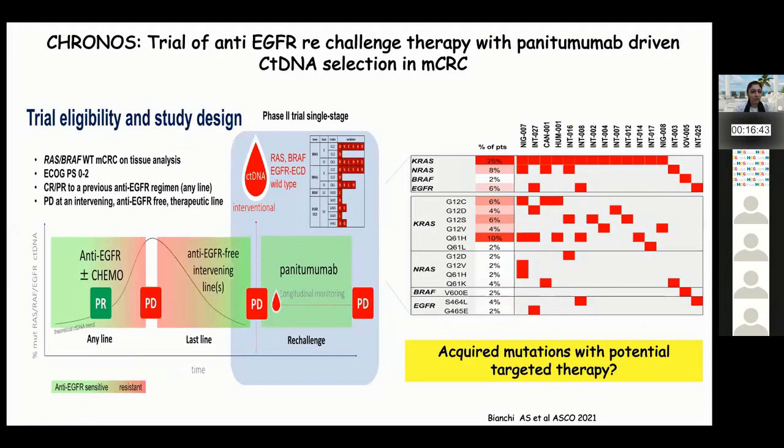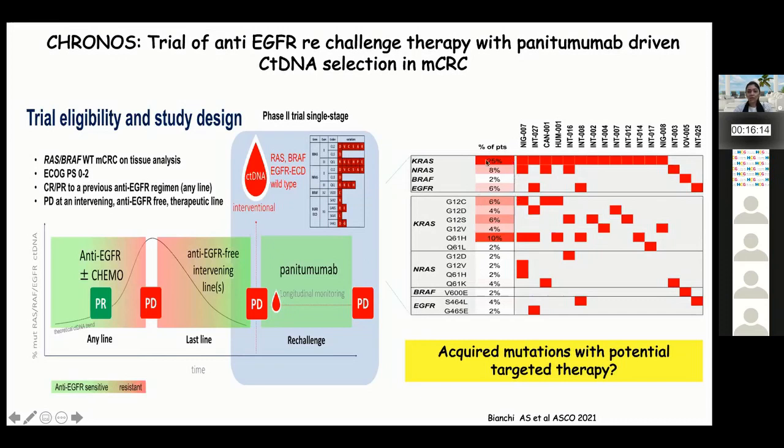It was the Kronos trial, in which they took patients who were initially RAS and BRAF wild type, treated them with an anti-EGFR regimen plus chemotherapy. These patients then had to progress. And when they progressed, they had to have a period of time where they didn't have an anti-EGFR agent, allowing those resistant clones to come down in their levels. And then they had a liquid biopsy trying to determine who had a mutation versus not.